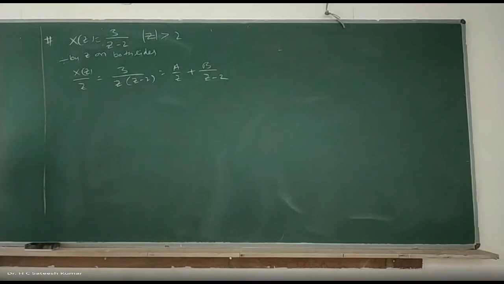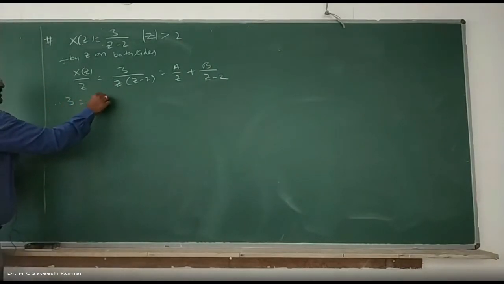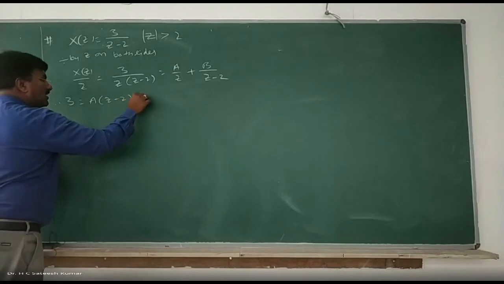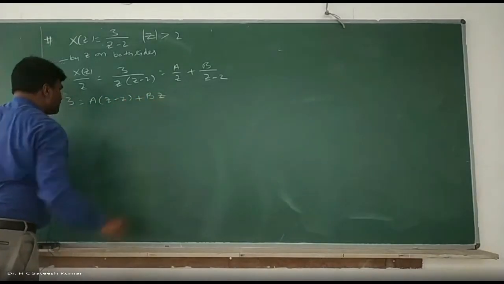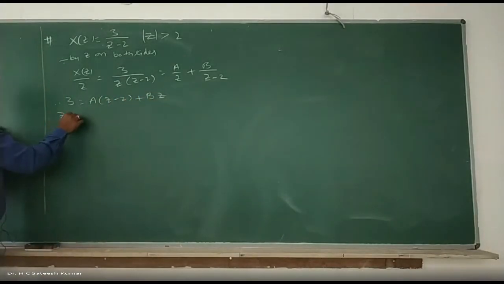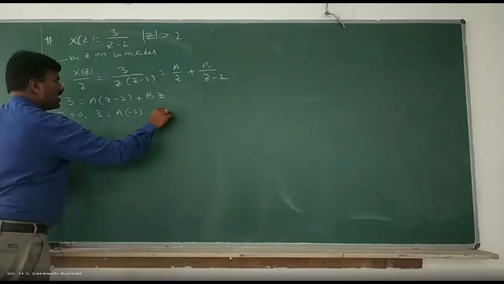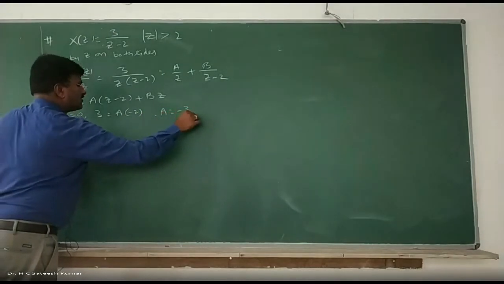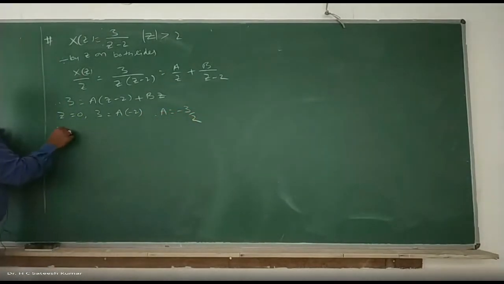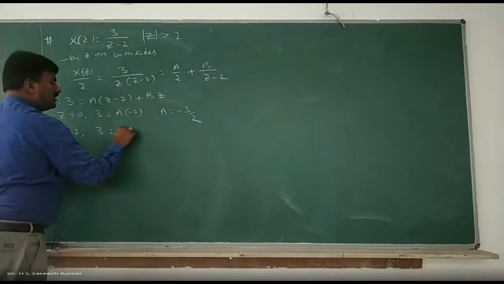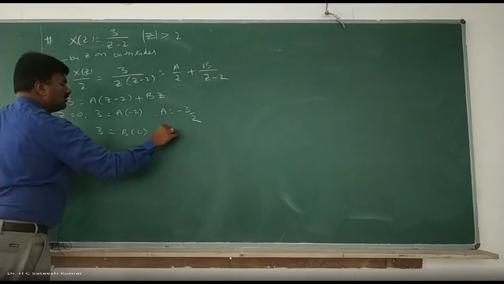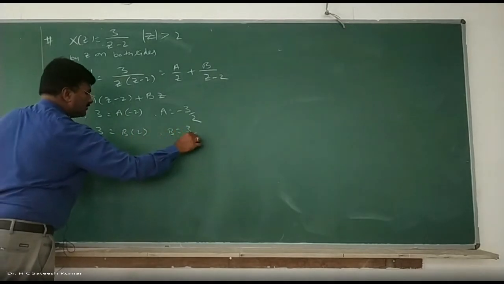Therefore, 3 is equal to a into (z minus 2) plus b into z. Put z equal to 0: 3 is equal to a into minus 2, therefore a is equal to minus 3 by 2. Put z equal to 2: 3 is equal to b into 2, so b is equal to 3 by 2.